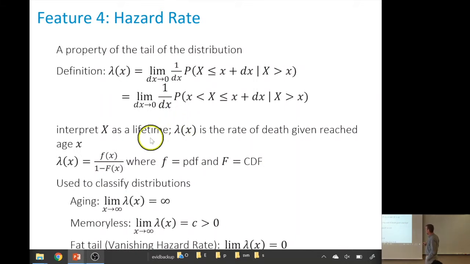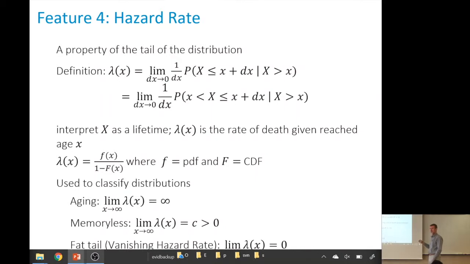Then the definition is, for very small dx, the probability, given that capital X is larger than x, that capital X will not be larger than x plus dx. Given this means at time x, the thing is still alive. Right? The lifetime is larger than x.